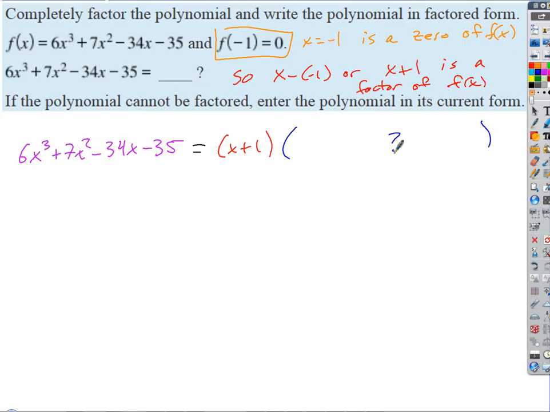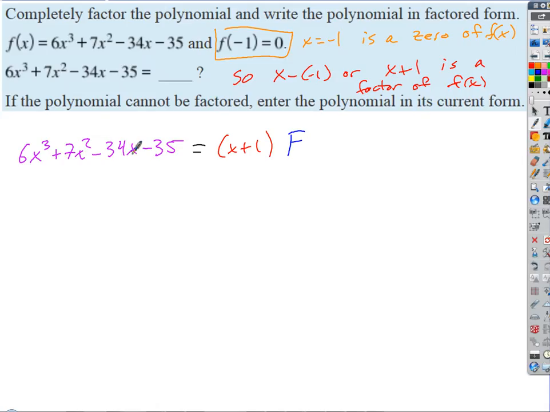So algebraically, what would I do to solve for the missing factor? For now, let's just call this capital F, and that's the unknown. That's the other factor that's being multiplied by x plus 1 to give us this.